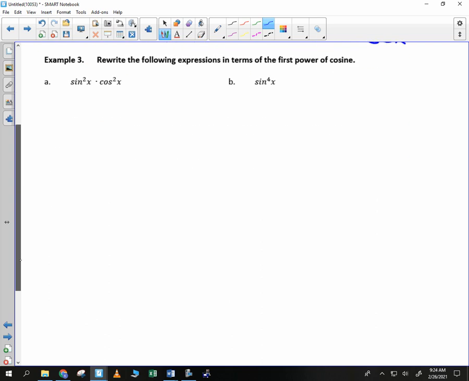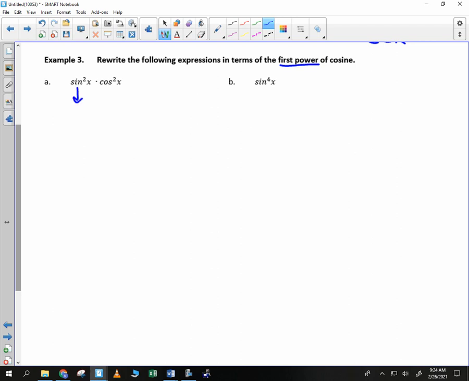So just being able to make some of those substitutions is important. Just 2 problems that we try, and then we'll have the rest of the time to ask questions and work. Rewrite the following expressions in terms of first power cosine. So notice first power; this is not first power. And notice cosine; this is not cosine. So I'm going to make a substitution.